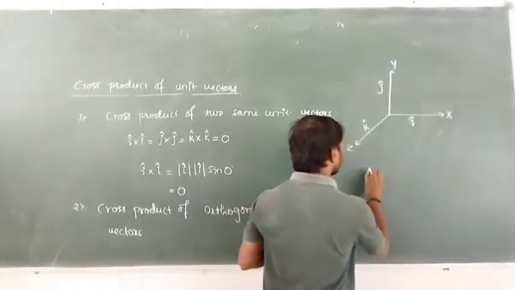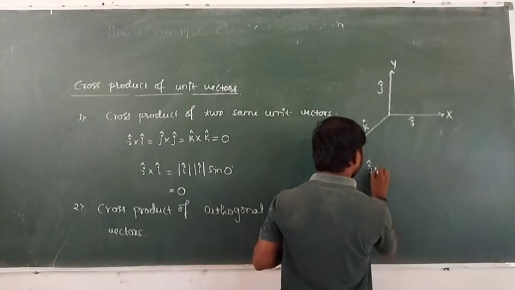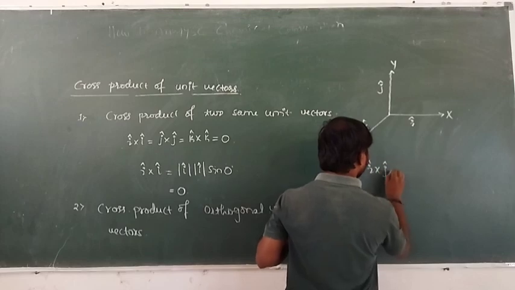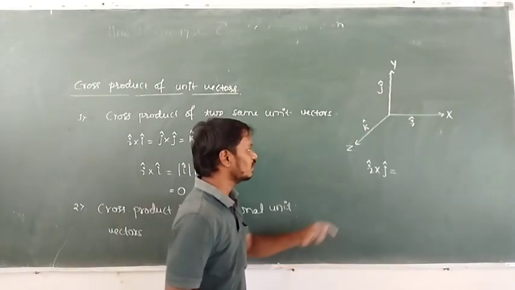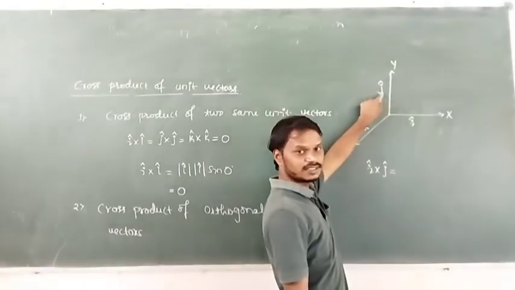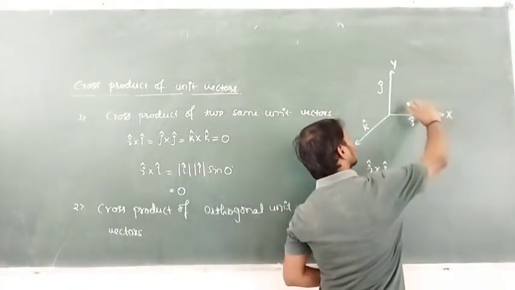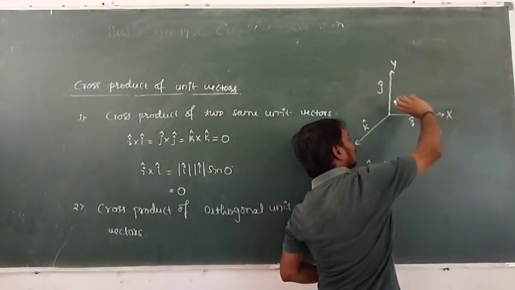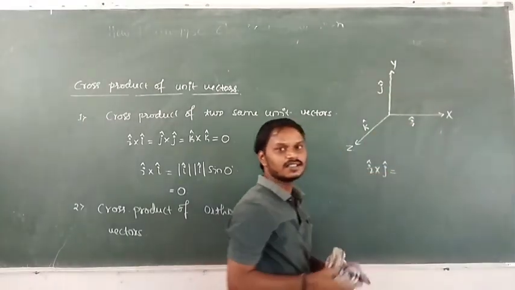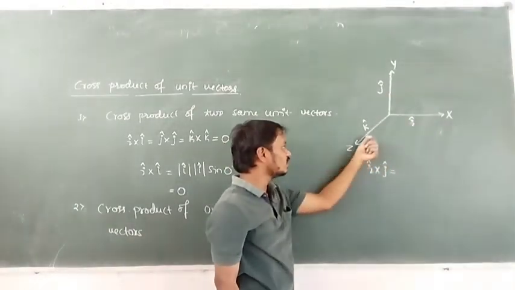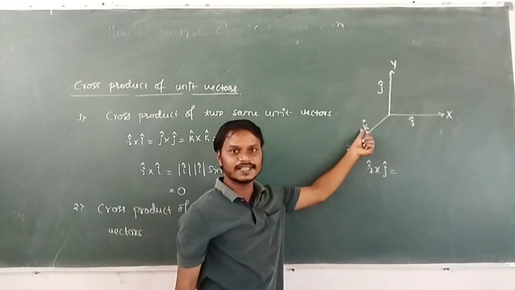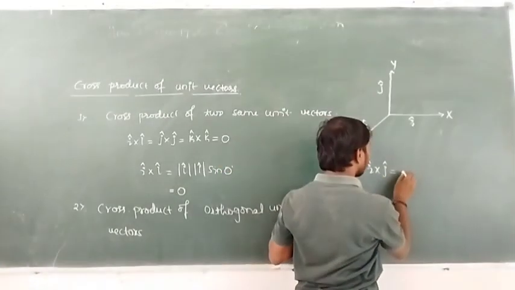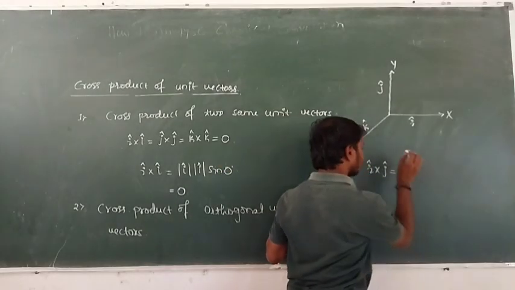So see here, I cross j. The cross product of I and j means the rotation is from I to j. Then the new vector is taken along the z-axis, that is unit vector k. Then I cross j can be taken as k.